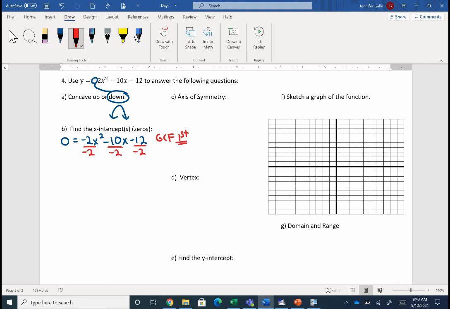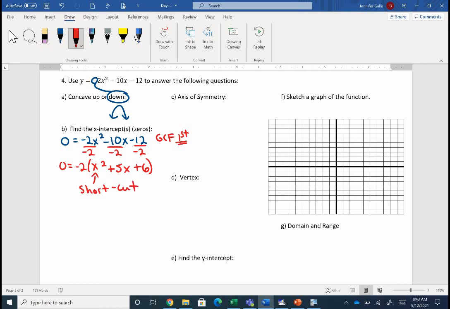So instead of having to do a ton of work, by dividing by -2, I have now created myself the opportunity to have just a plain x squared, and now I can shortcut.